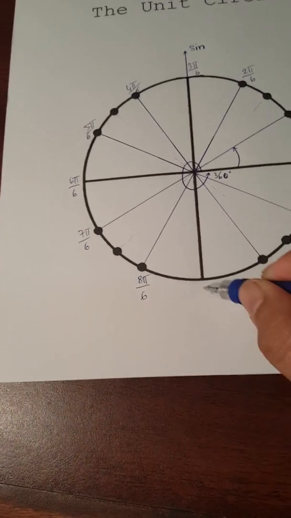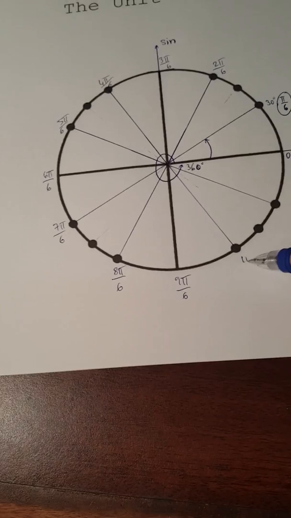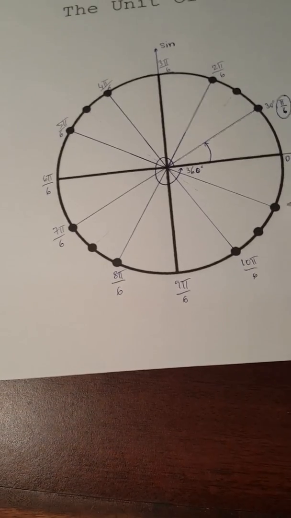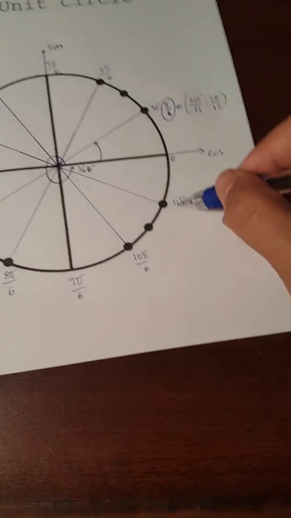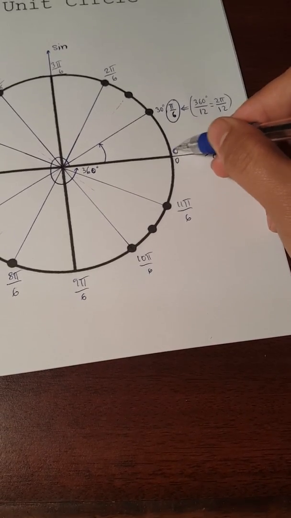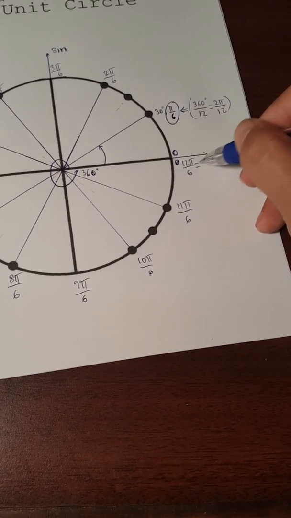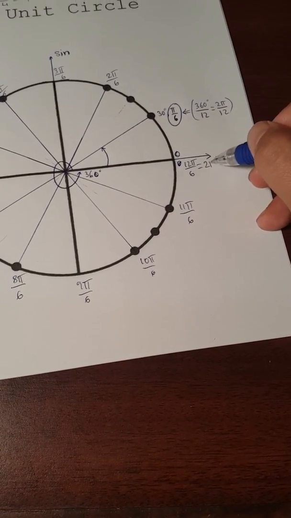Easy, right? Just count it up. 9 pi over 6, 10 pi over 6, 11 pi over 6, and this is what? Let me put the 0 up there. It's 12 pi over 6, which is 2 pi.